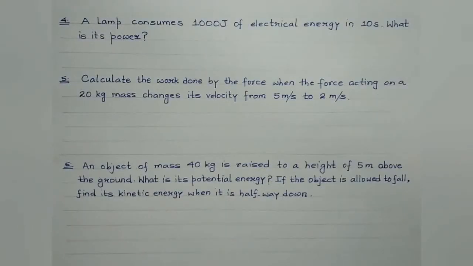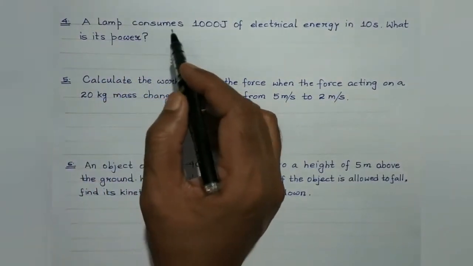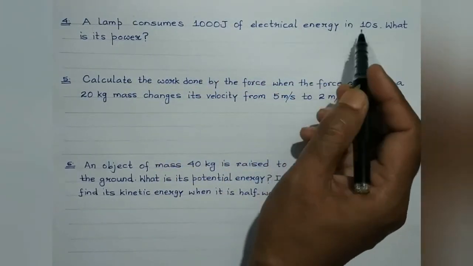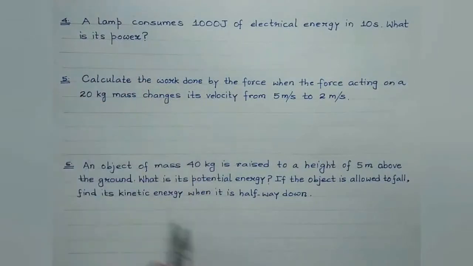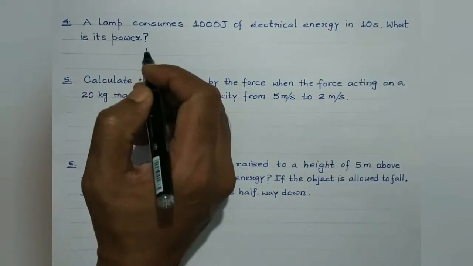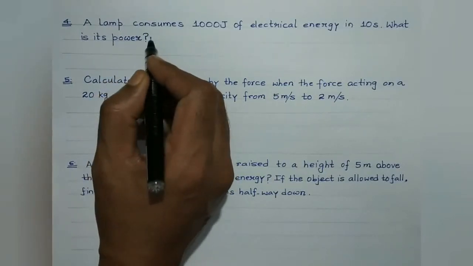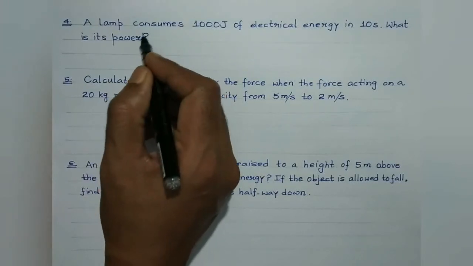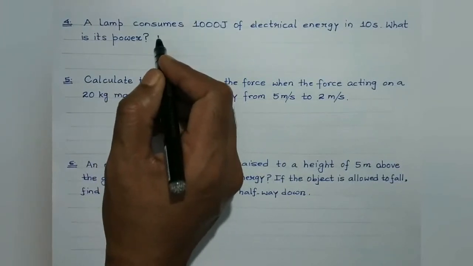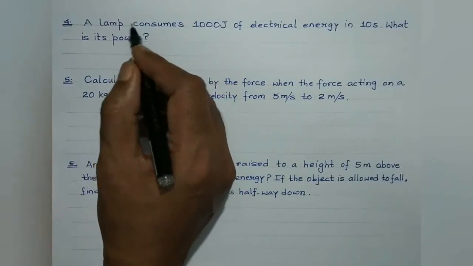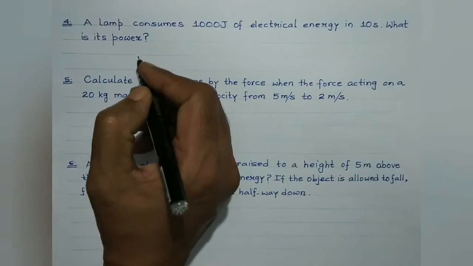Now let's proceed to question number 4. Question number 4 states that a lamp consumes 1000 joule of electrical energy in 10 seconds. What is its power? Power, students, we have discussed, is the rate of doing work or rate of consumption of electrical energy. So power of an electric device is the rate at which it consumes electrical energy. Rate means the amount of energy which is consumed divided by the time during which that energy is consumed, right?